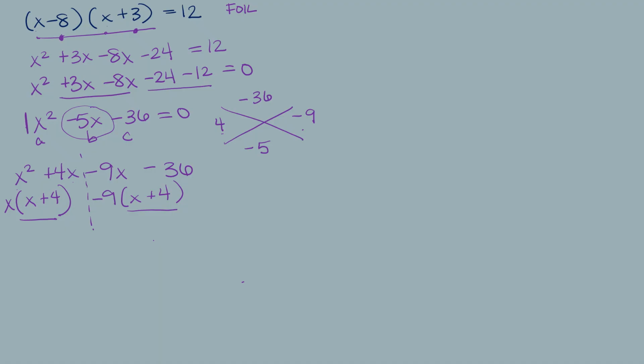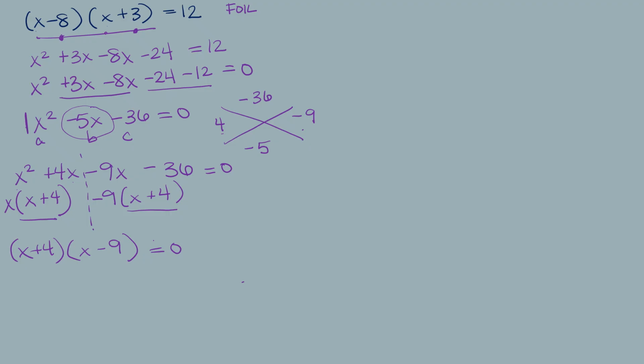You might have done something wrong. It might just be the problem. It's just better when these are the same, which is also a way to mini check while you're doing the work. So then we just rewrite x plus 4 times x minus 9, and then this is equal to 0 because this equation that we've just factored out is equal to 0.